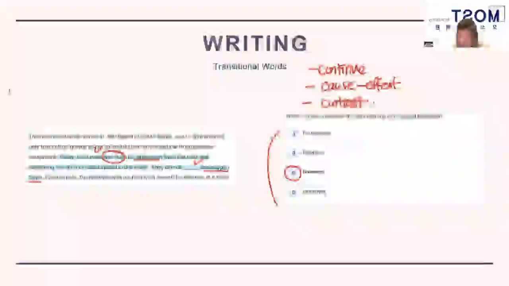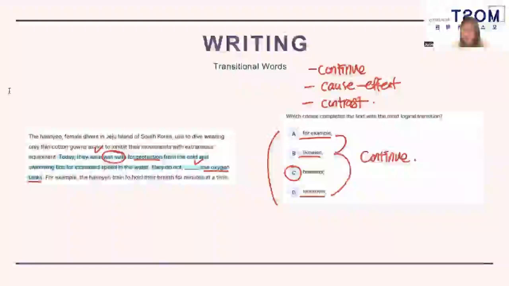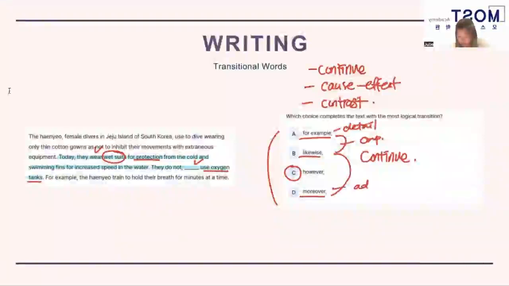These ones, for example, and moreover, likewise, all of these three types are going to fall under the category of continuation. Of course, within continuation, there are several branches. For example, for instance would be a detail, likewise is going to be a comparison, and moreover is additional information.